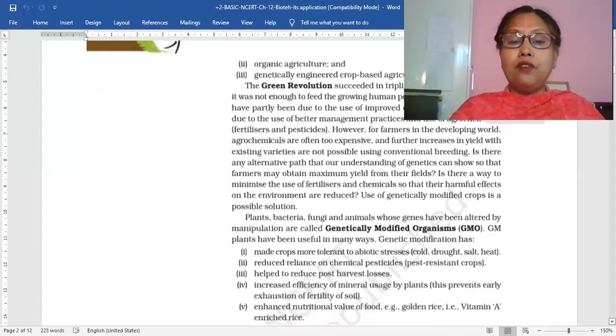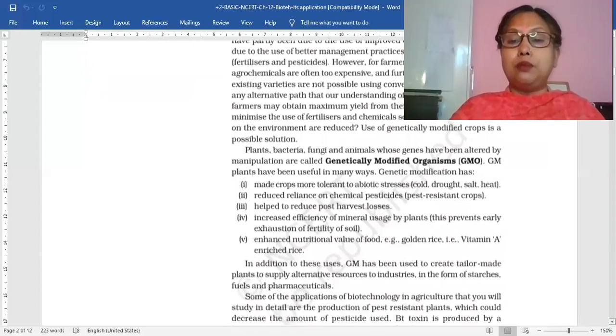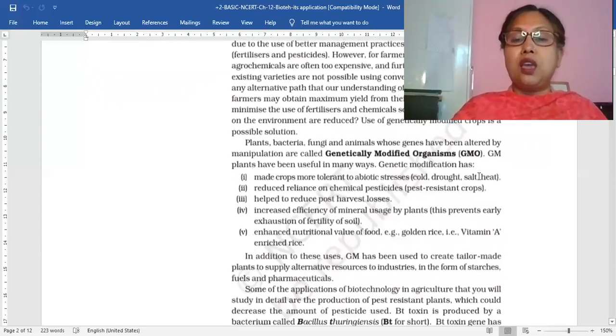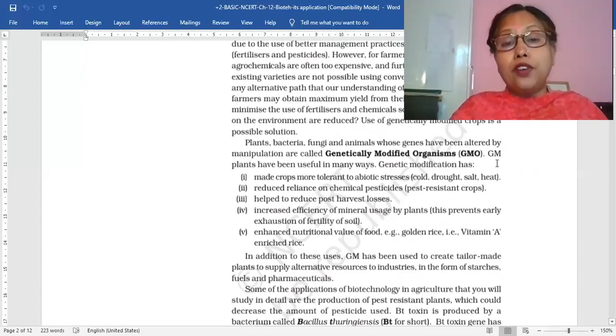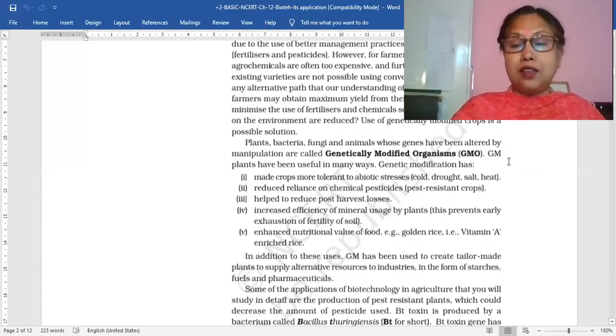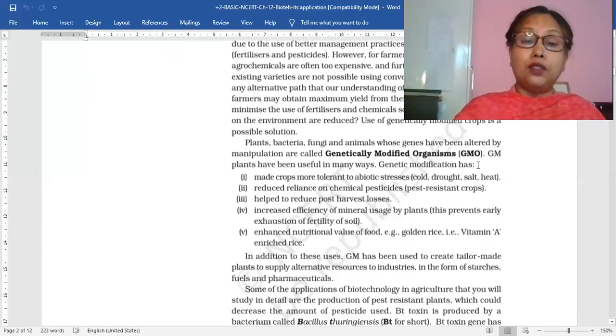When we modify any plant or animal, we use the term GMO, genetically modified organisms. Now the question is why we modify it. There are many reasons. The farmer is always thinking about the weather because he knows there is a direct impact of weather, and then pests, insects, and all these enemies.